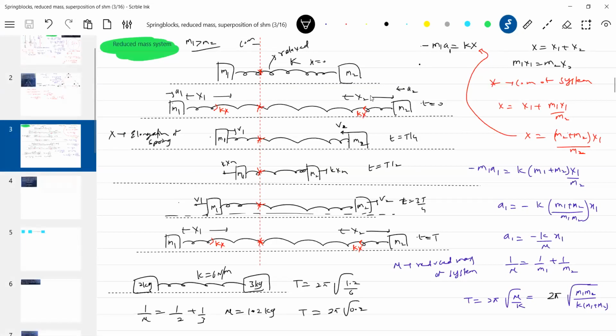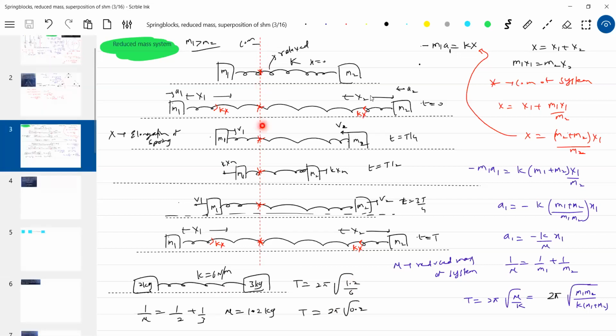Okay, agreed. Now you see this one. Let this wall, this 2 kg, be infinite mass. Infinite mass cannot move. Then put infinity here. Then what is the time period? The same, it was just m by k. If the wall is also moving and has a finite mass, then effective mass will come into the picture.